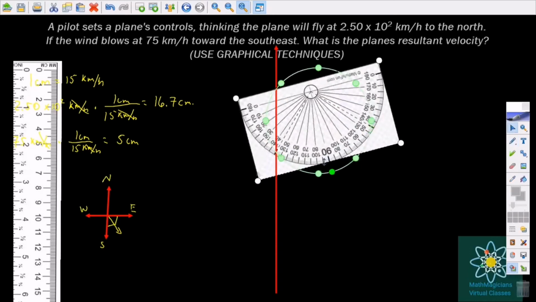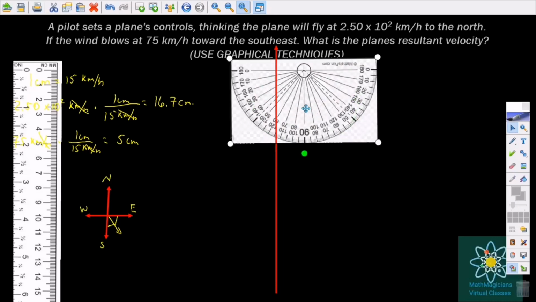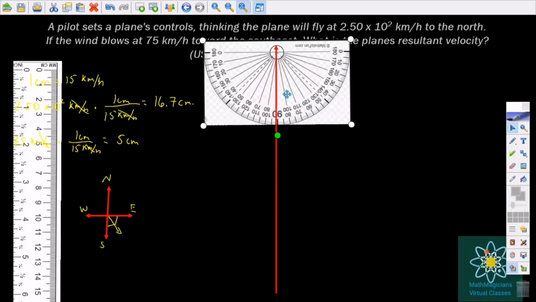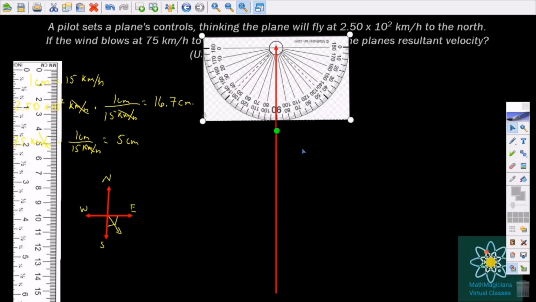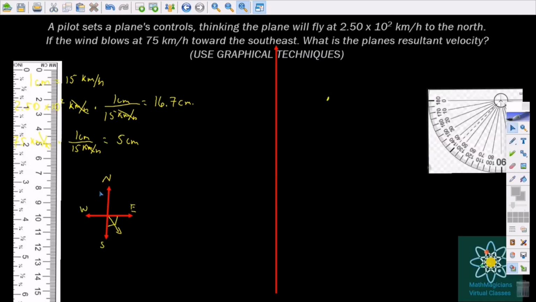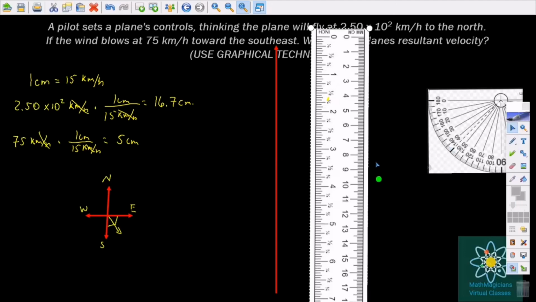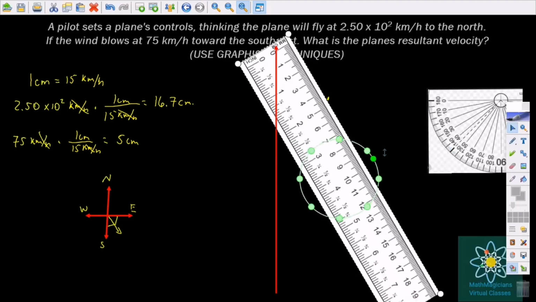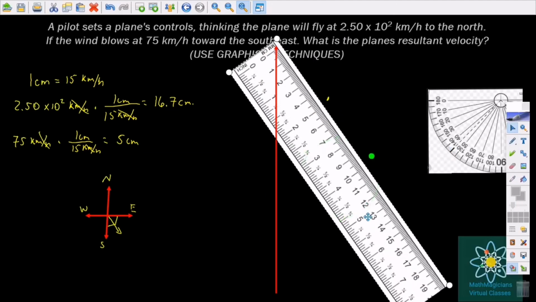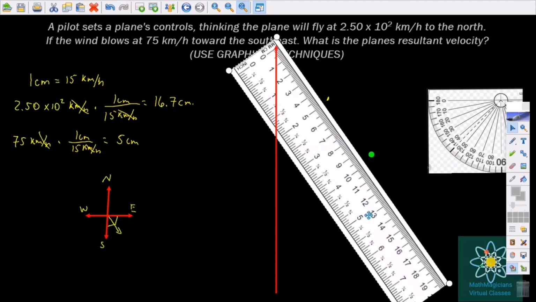I'm going to turn my protractor, locate it at the tip of the first line that I made, and then I'm going to measure 45 degrees. Okay, 45 degrees is here. I'm going to draw my line at 45 degrees, but the line has to be only 5 centimeters long. So we make our line and then we adjust it.